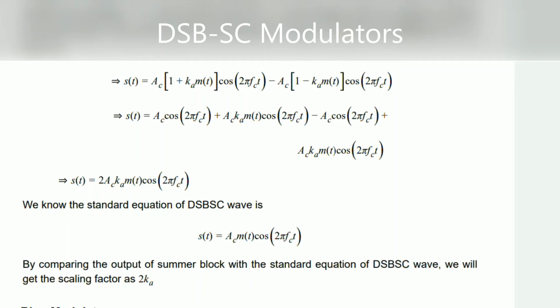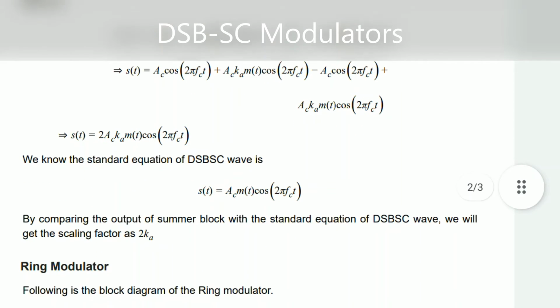So at last we are getting s of t equal to Ac m of t cos 2 pi fc t. That is the equation for double sideband suppressed carrier for the balanced modulator.